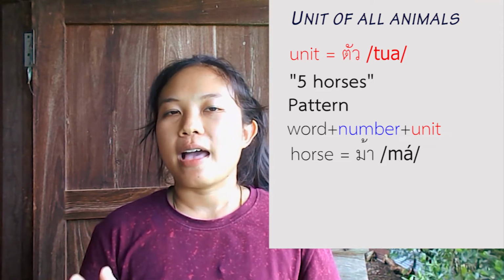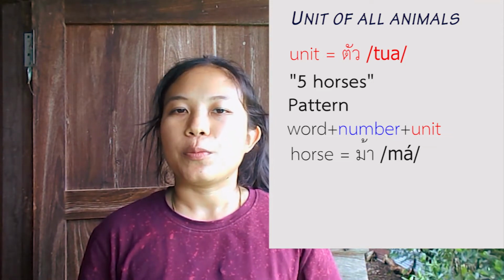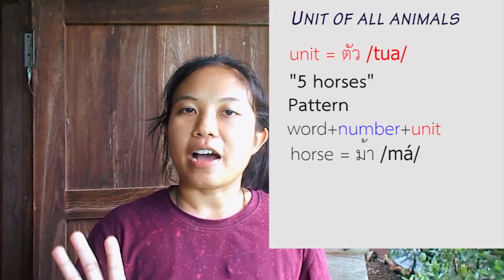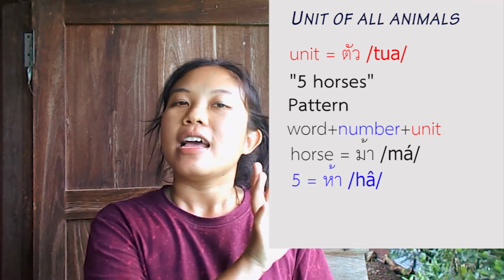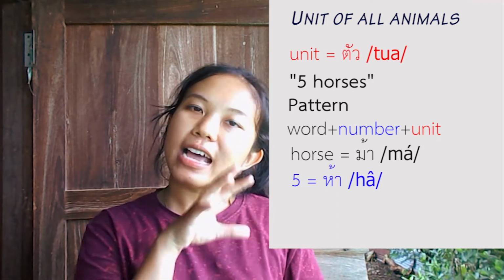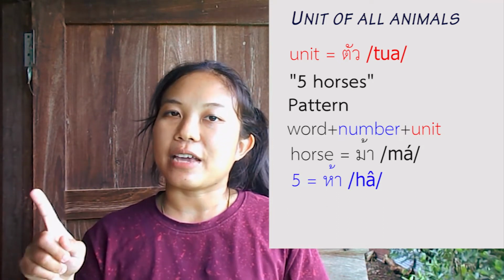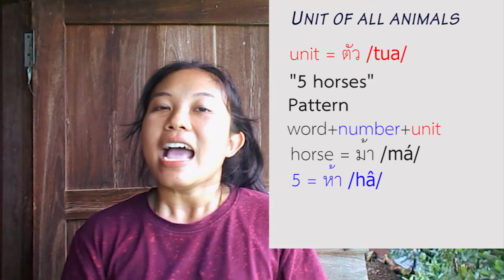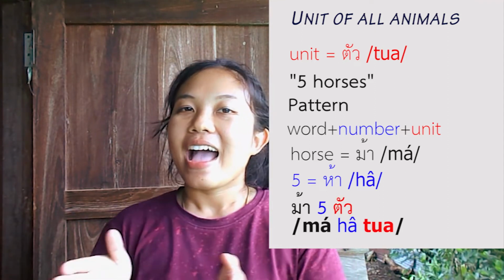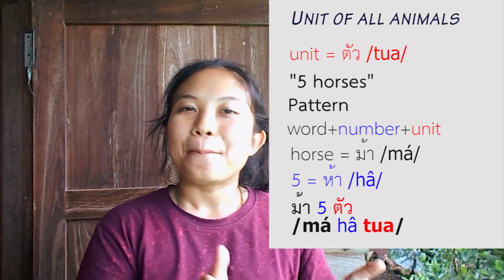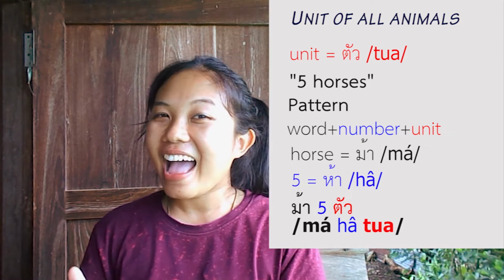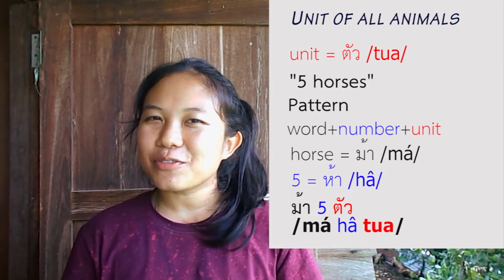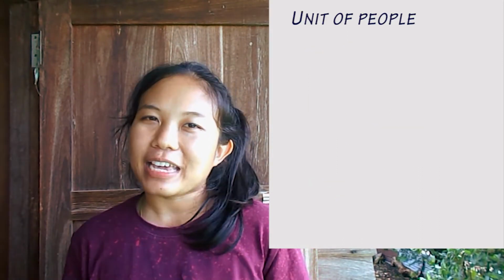You want to have 5 horses, so you put the number 5. In Thai it is 5. And the unit of the horse is animal, and its unit is the same, is ตัว. And then it will be ม้า 5 ตัว.